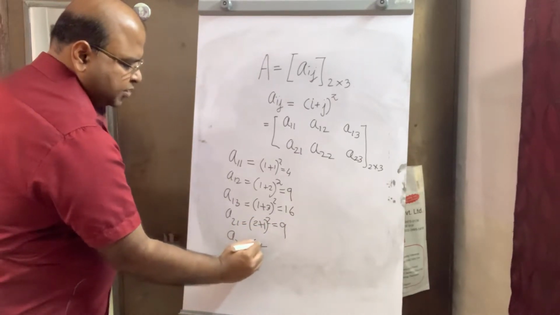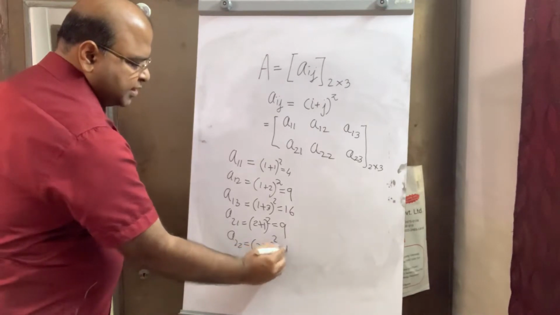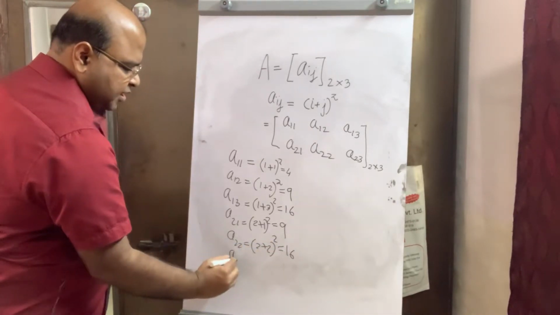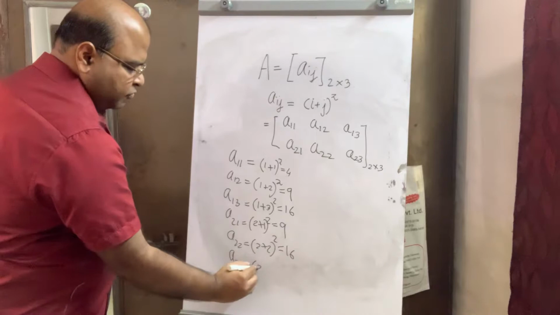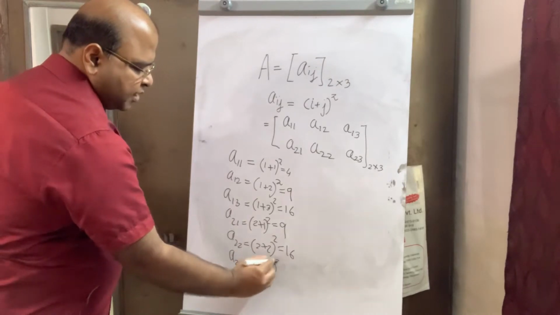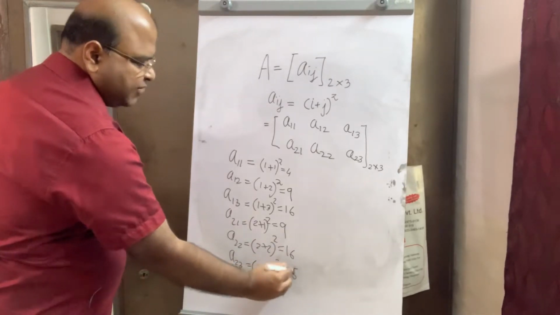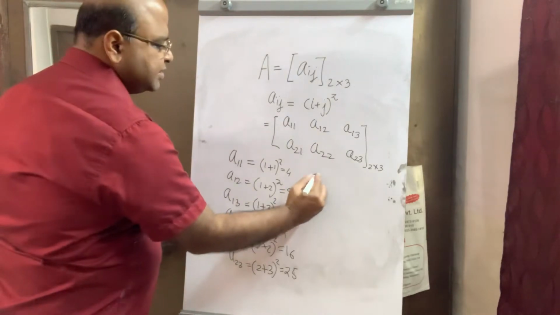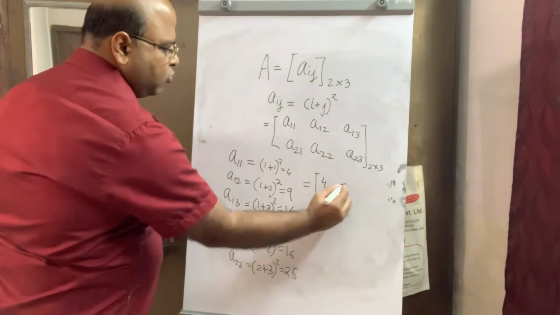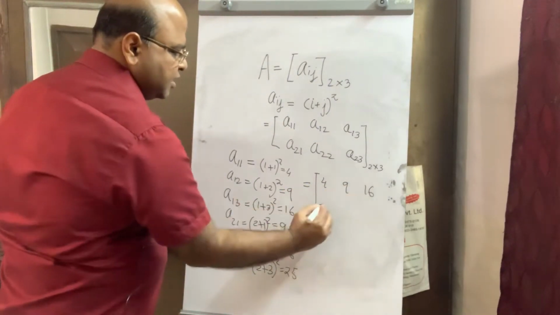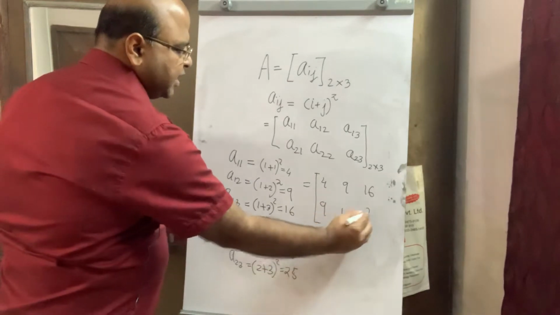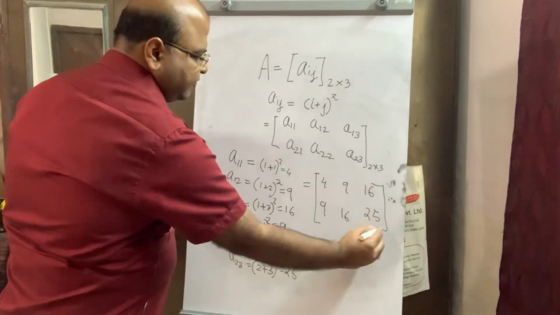A22, that is 2 plus 2 whole square, that is 16. And finally A23, which is 2 plus 3 whole square, that is equal to 25. So finally the matrix is given by 4, 9, 16, 9, 16 and 25.